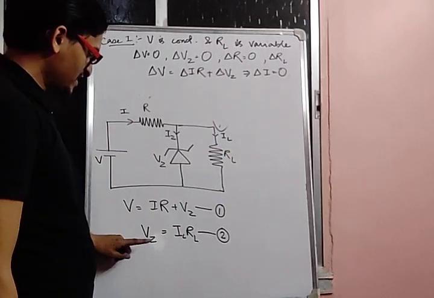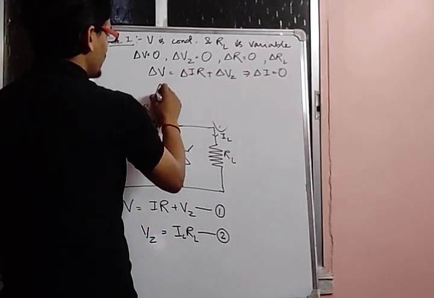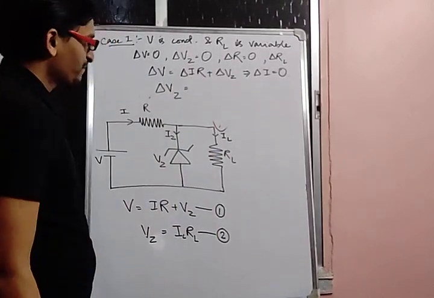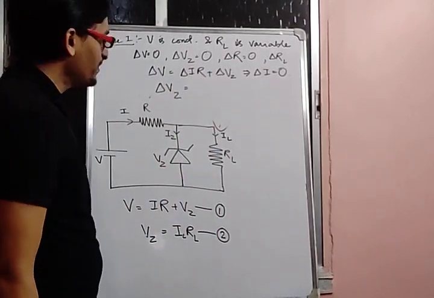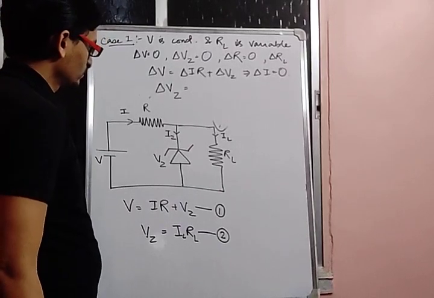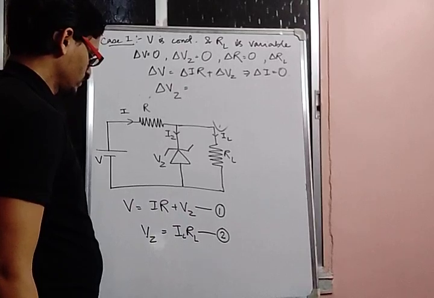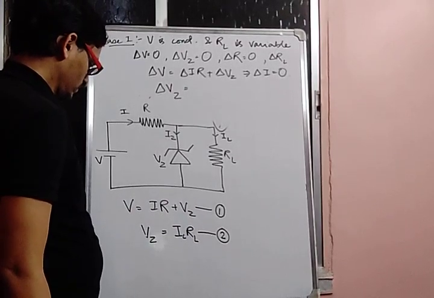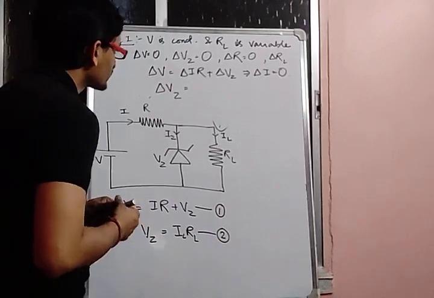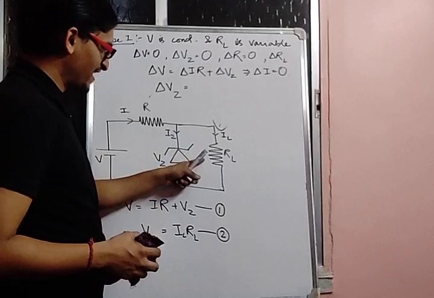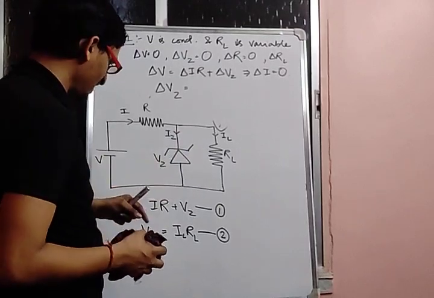Now if I consider the second equation, delta Vz equals the change due to the load resistance varying by some amount, suppose delta RL.